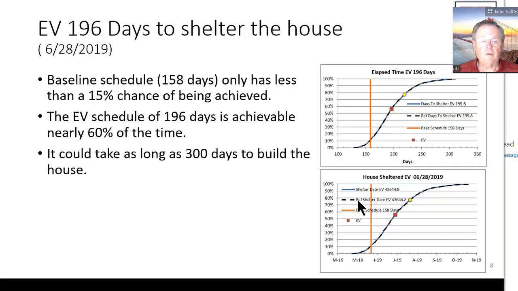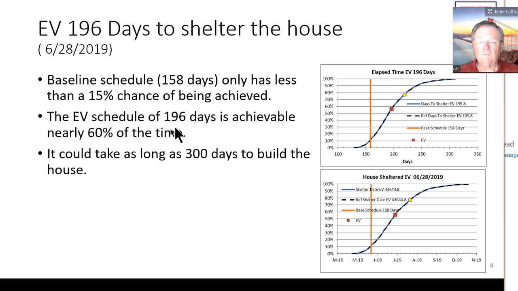So here are the cumulative distribution functions for the elapsed time. Here I've shown it 2 different ways. Here's the baseline schedule of 158 days, and here's the probabilistic one. So the baseline schedule comes out around, well, let's say it's about the P15 here.